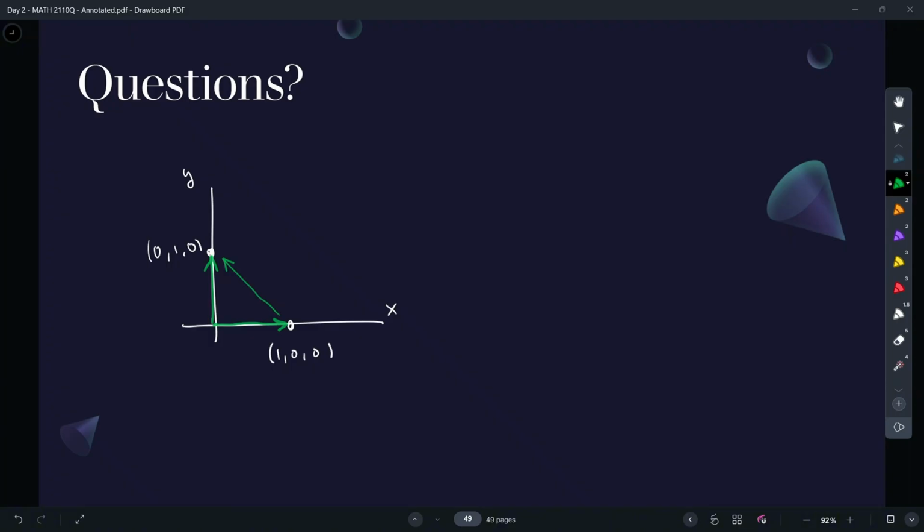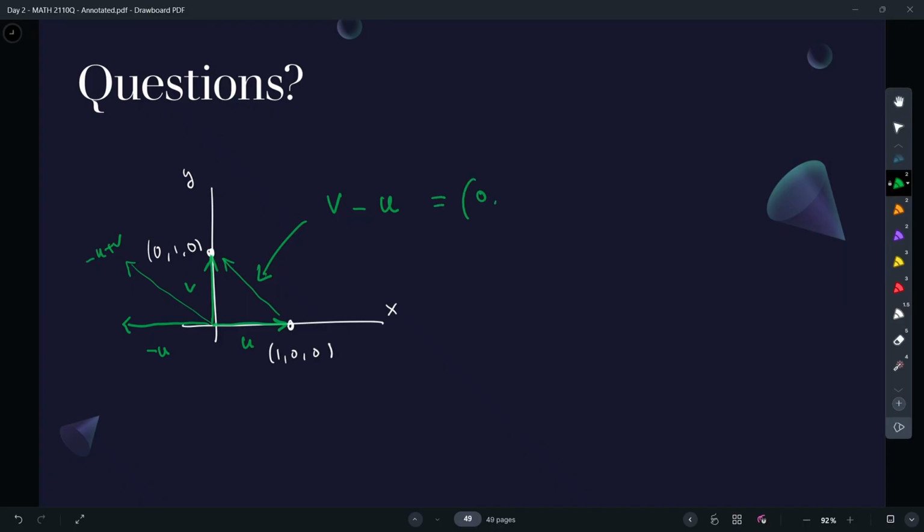So what vector is that? If this is u and this is v, this is minus u, and the diagonal here is minus u plus v, right? Or v plus u. So the one I want, this one, is v minus u.